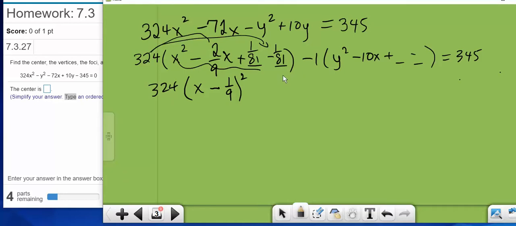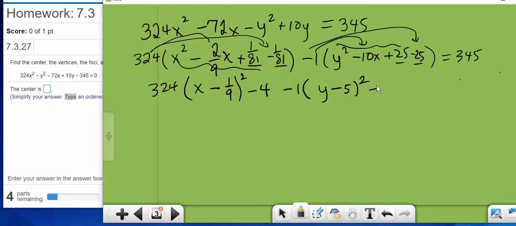So 324 times 1 divided by 81 is 4. And negative. Okay, minus 1. Y, half of -10 is -5. Squared is 25. And then again, same thing. We're distributing it to the 3 terms. And then -1 times the -25 is plus 25.